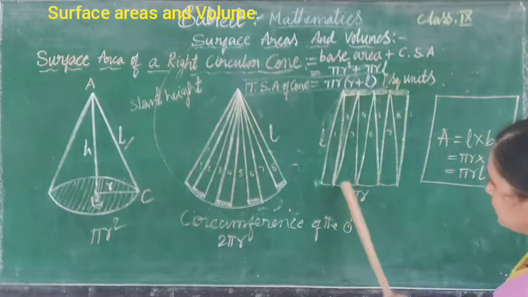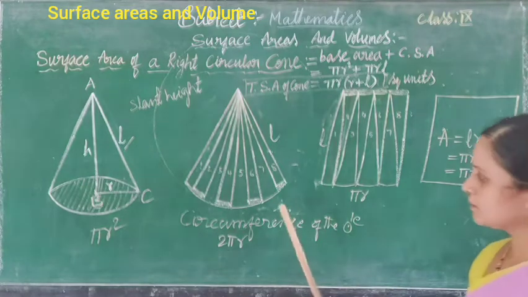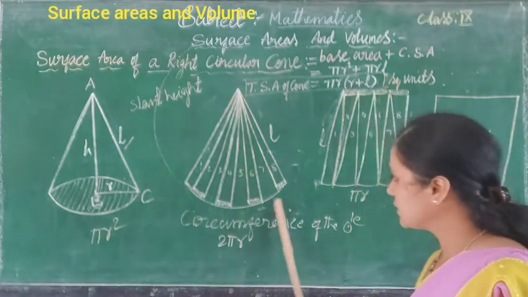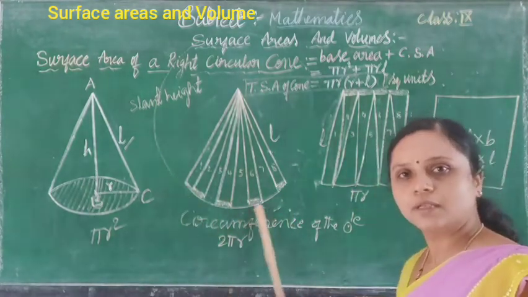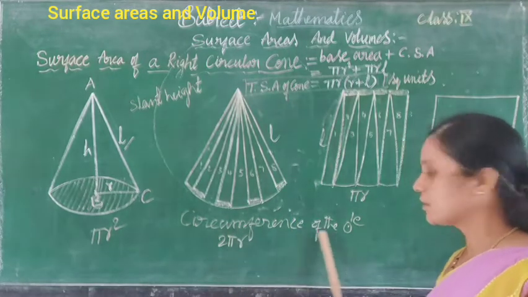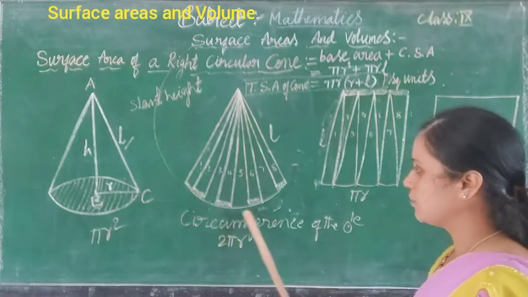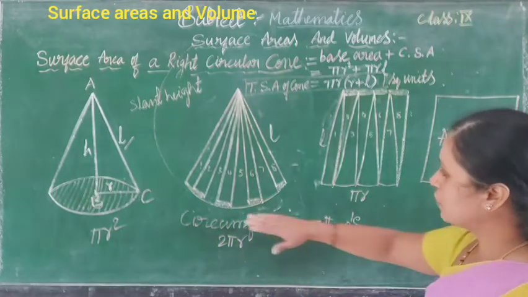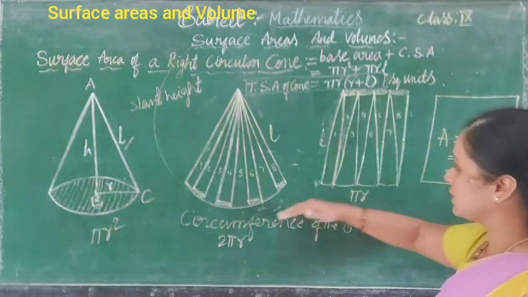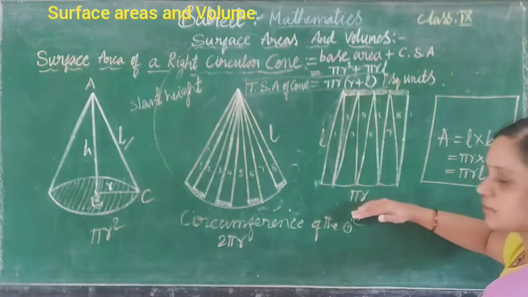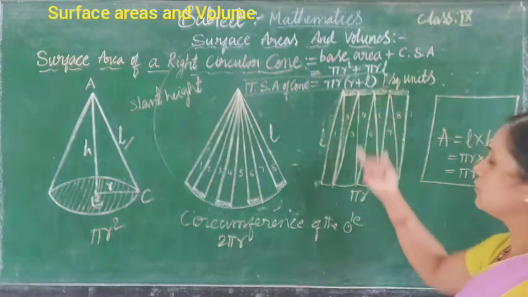Here this part is called the arc of the circle, otherwise the circumference of the circle, which is 2 pi r. But while arranging these bases, 4 bases going up and the other 4 triangle bases coming down, that's why it is divided into pi r and pi r.